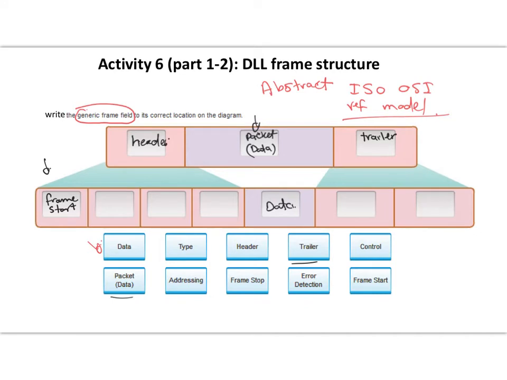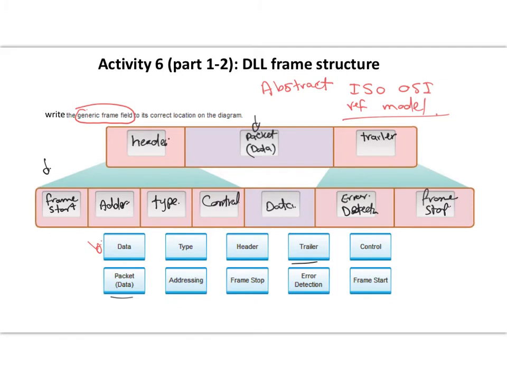And then addressing, and then type, and then control. At the trailer side, we have the error checking or error detection, and then the frame stop.